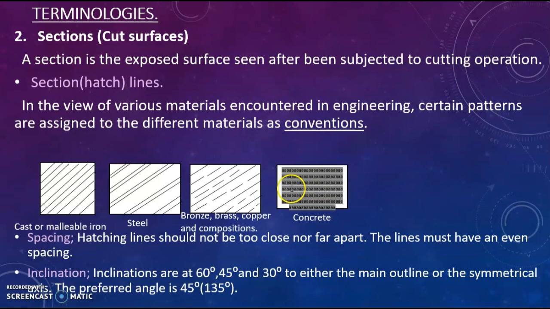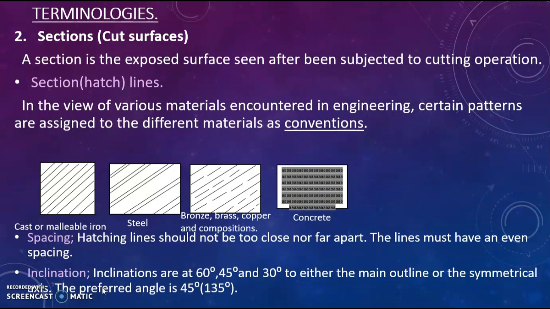And the inclination of a hatching line. We don't just incline hatching lines at any angle that we want. We incline hatching lines at a particular angle. You can incline a hatching line or a section line to angles of 60 degrees, 45 degrees, or 30 degrees.